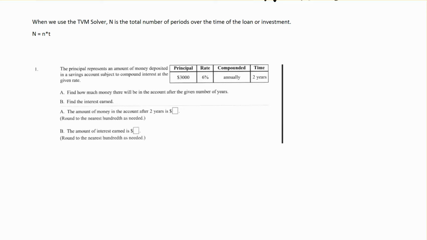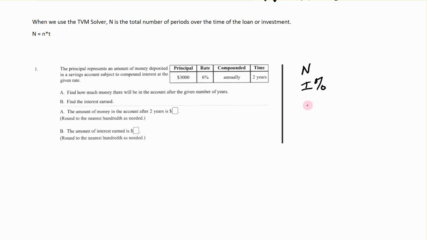The first thing I'm going to do, every time that the problem is compounded, and it will say it is compounded, if it's simple, it will say it's simple interest, is write down the values that I'm going to use in the graphing calculator.